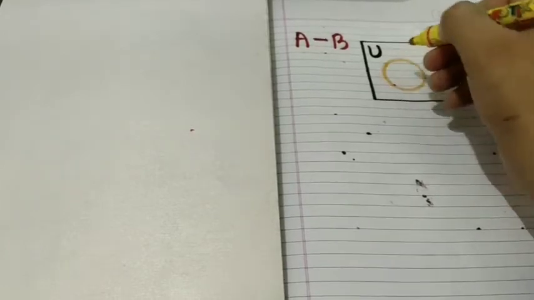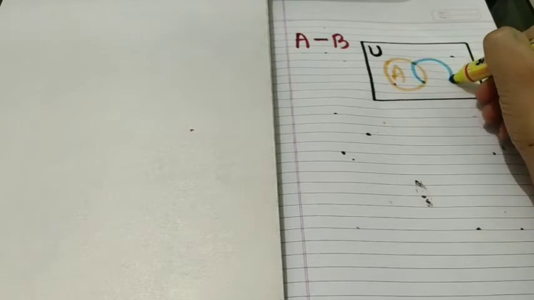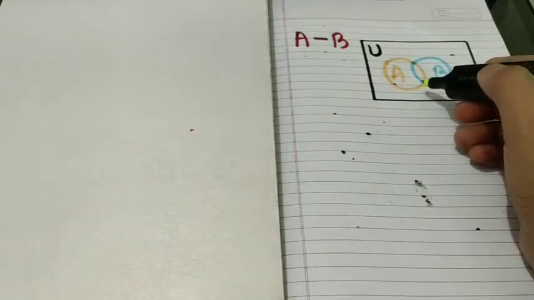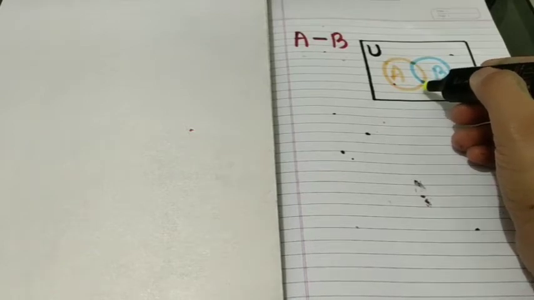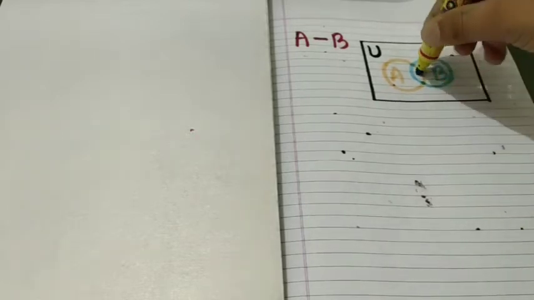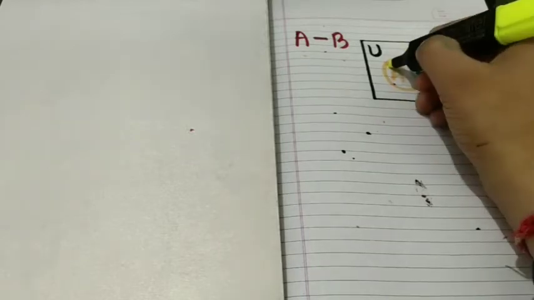This closed curve represents set A, and let this closed curve represent set B. And we know that the difference of set A and set B includes those elements of set A which are not present in set B. Means we have to remove those elements of set A which are also in B. Means we have to neglect, we have to remove, we have to ignore the common elements of set A and set B. Since common elements are shown by this region, we have to leave this region from set A. So the leftover region of set A will be like this.